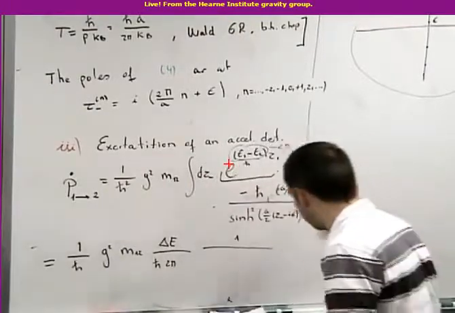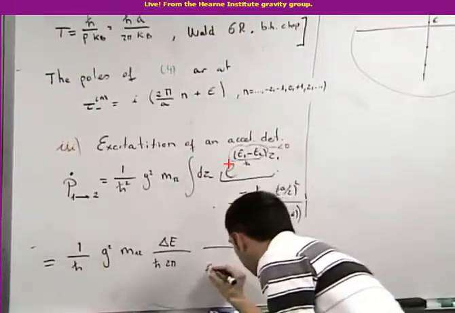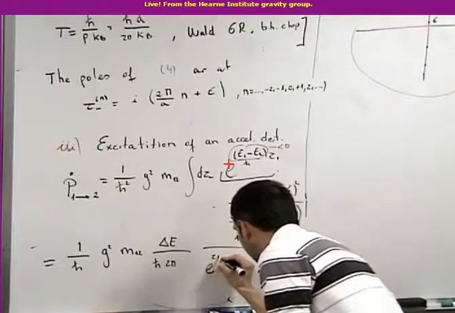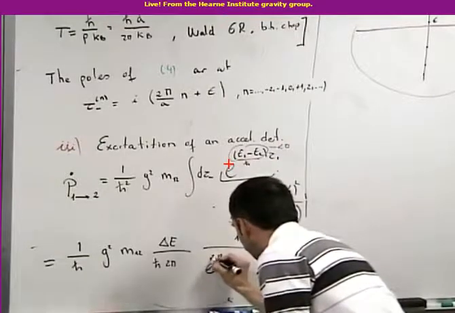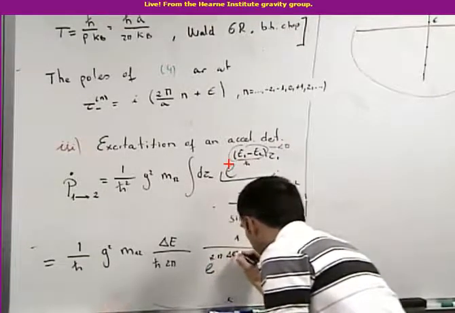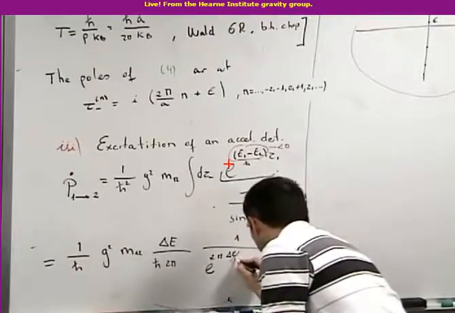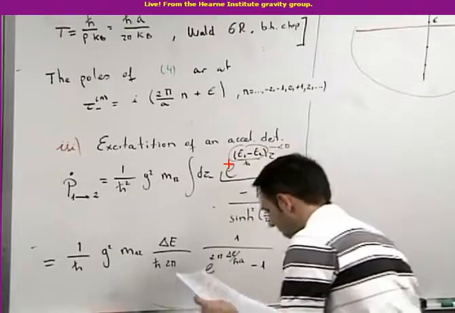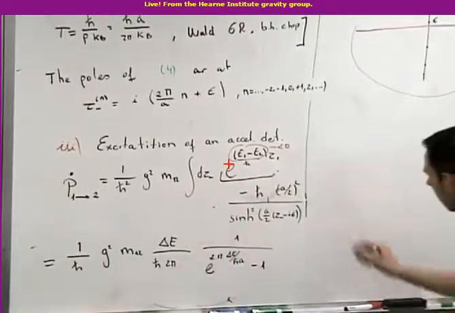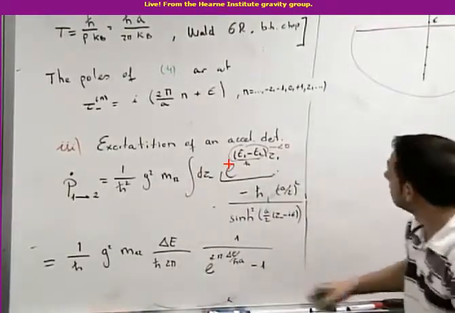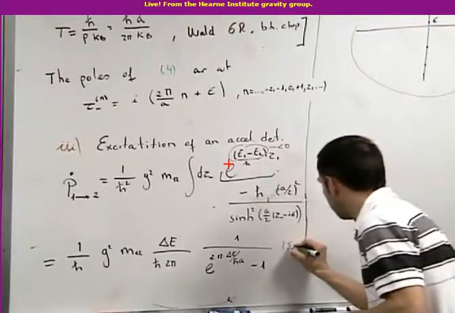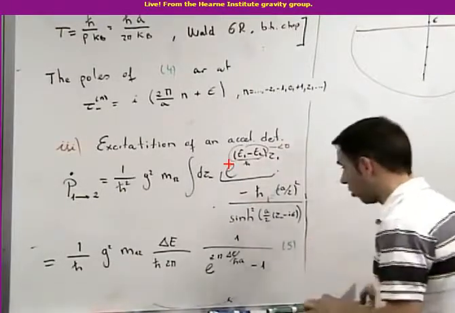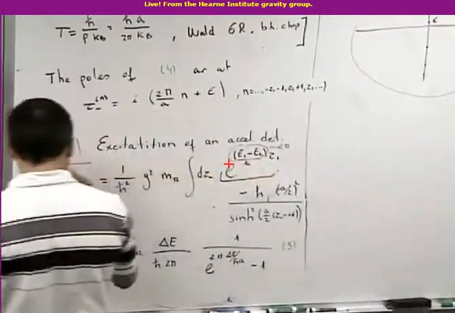Just looking at the poles of the two-point function, I can get all the probabilities of excitation and de-excitation of a detector. These techniques of using complex numbers are quite amazing. And you obtain this result, equation 5. I want to put a box on it because it's quite remarkable.